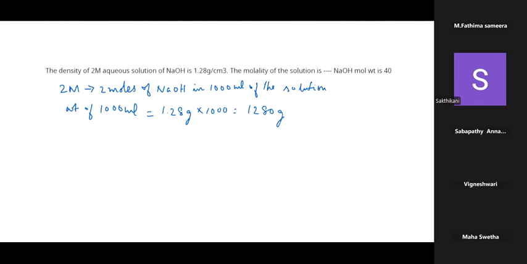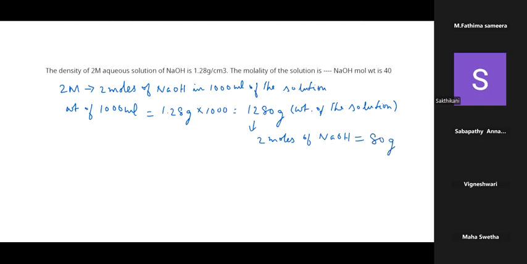This solution contains 2 moles of NaOH. 1 mole is 40 gram, therefore these 2 moles of NaOH will be 80 gram.